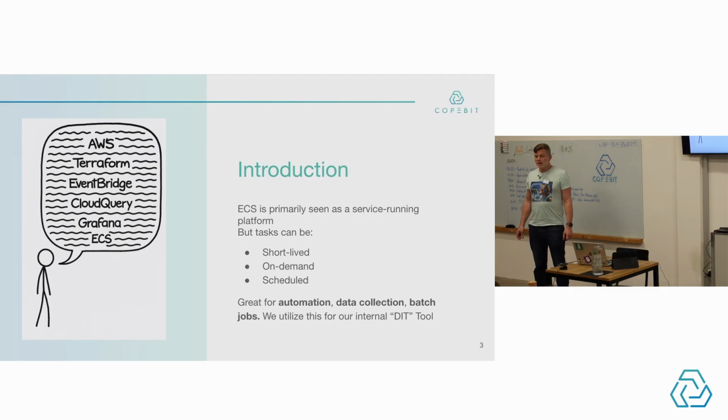ECS and EKS are the main container orchestration platforms on AWS. I think it's most commonly used, like we used it in the lab before, for running long-lived services: spinning up a server, making sure that it keeps running, and moving it between nodes.